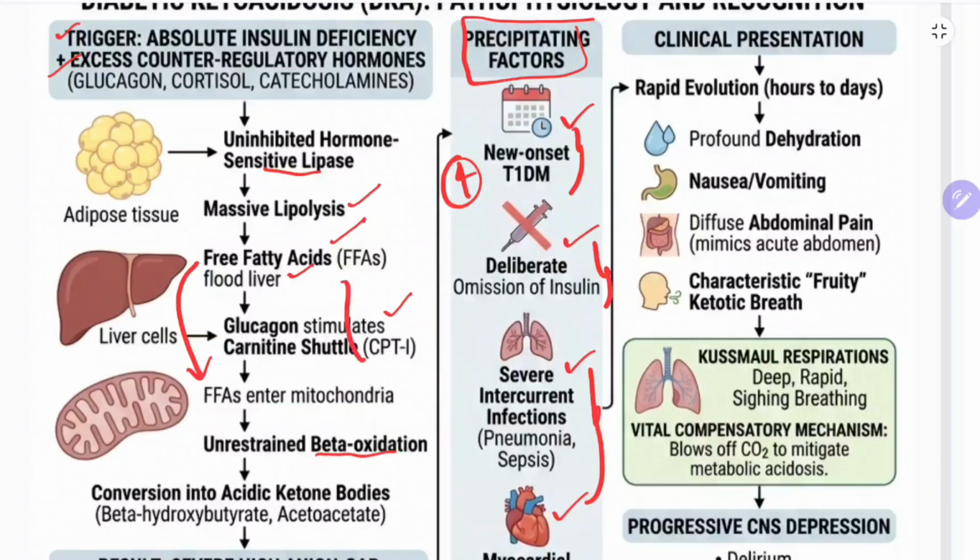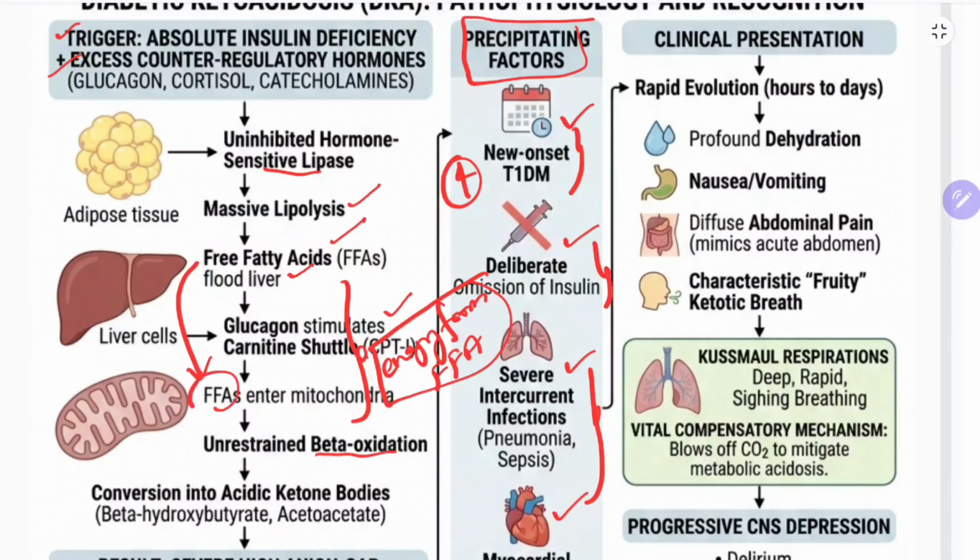Why is the liver doing these things? In order to make energy from free fatty acids, because glucose is not utilized for energy because of absence of insulin, so the body will use other sources to generate energy. So that's why this is happening in the liver.